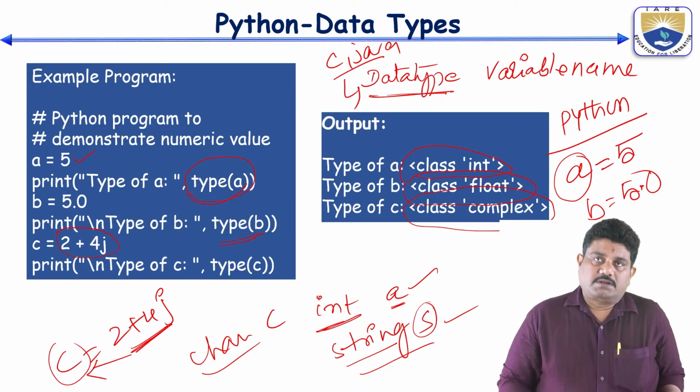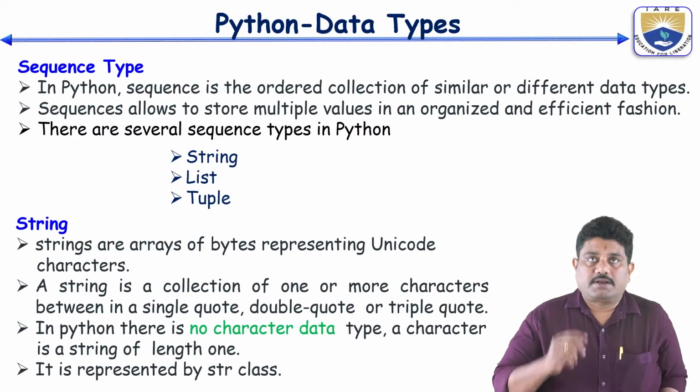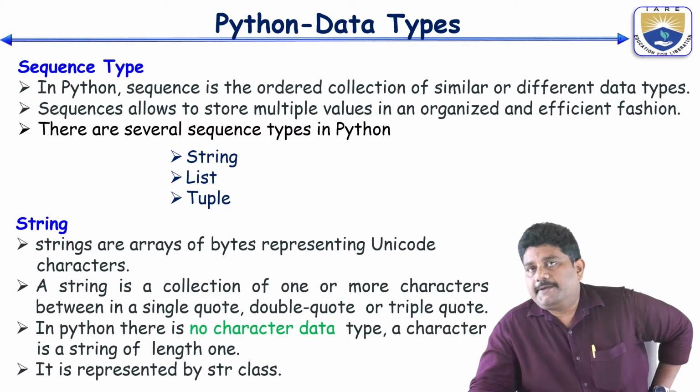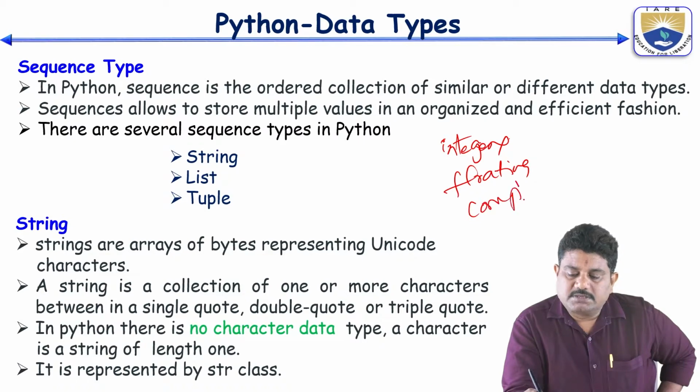Type of the variables is based on the assigned value. Okay, and then we will move on to the next slide: sequence types. First, generally, what happens in numeric types? There are numeric types: integers, floating points, and complex.